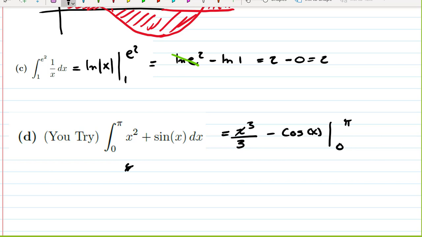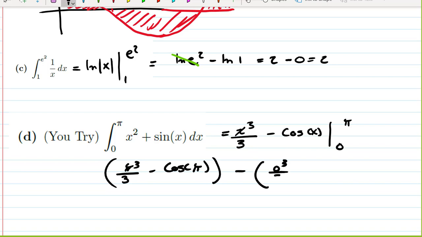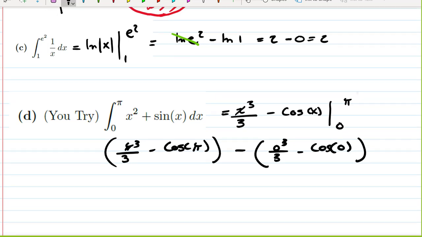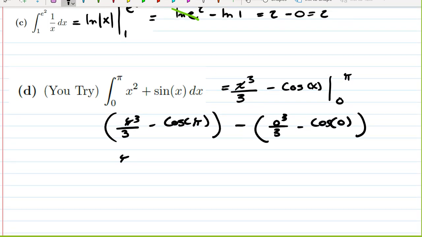So then we get pi cubed over 3 minus the cosine of pi, minus 0 cubed over 3 minus the cosine of 0. So then simplifying, that is pi cubed over 3. The cosine of pi is minus 1. So a minus minus makes it plus.